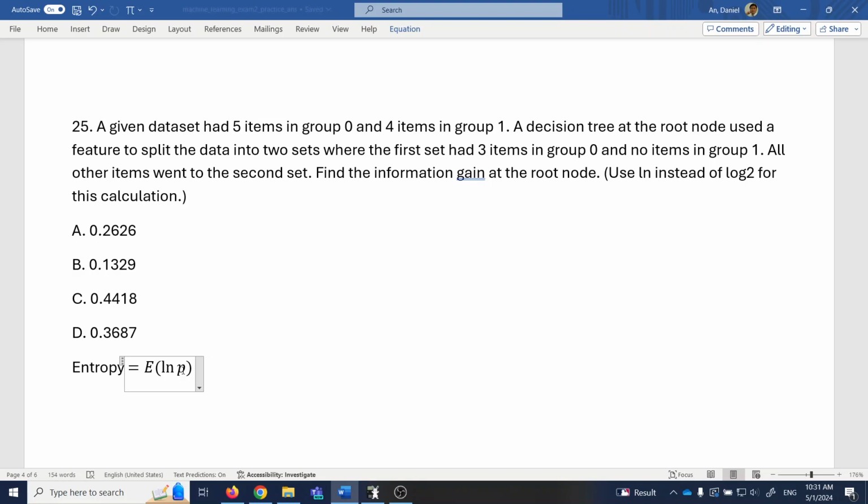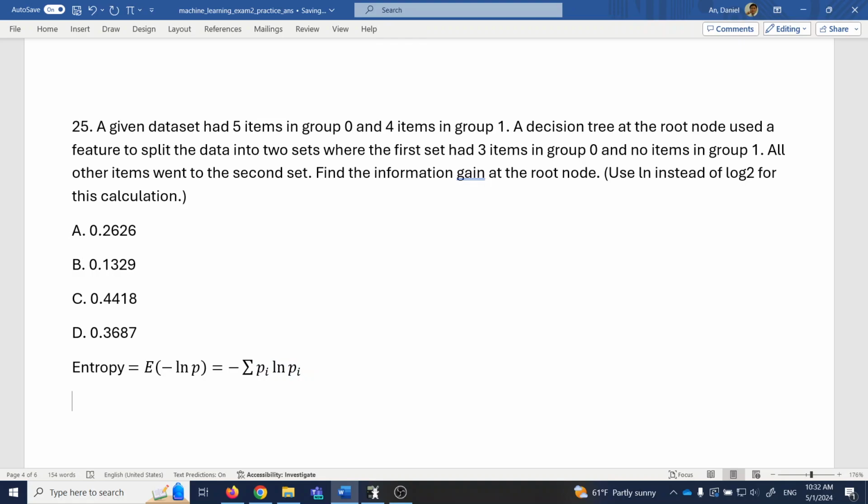When you are trying to use entropy to train a machine learning model, it doesn't matter if you're using ln of p or log base 2 of p. That's why there's this comment, use ln instead of log 2 for this calculation. All right, so let's continue. By the way, this should actually be negative ln of p, so this is negative sum of p_i ln of p_i. That's what it is.